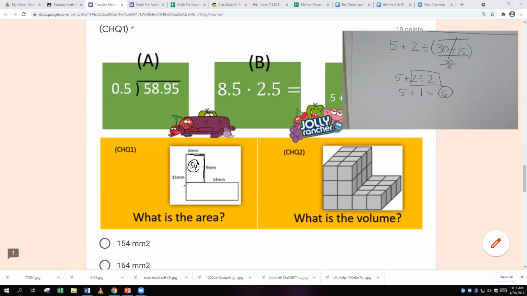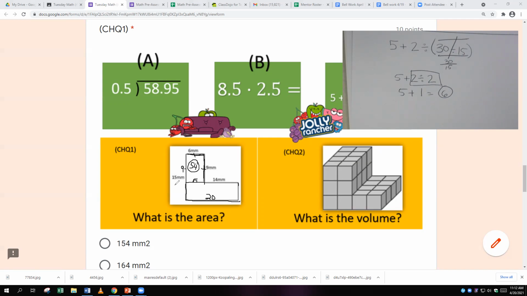Now we got to figure out this one. We do not know this side, and we don't even know this side. We do know that from here to here is 14. Ooh, and we know this side's 6, so that means this side's 6. So if this side's 14, this side's 6, this whole side is 20, because it's 14 plus 6. Now over here, do we have enough information? Yes, we do. We know this is 9, so we know this is 9 right here, too.